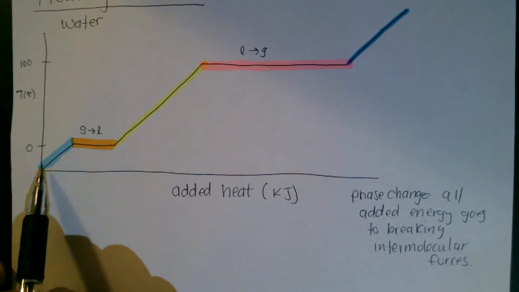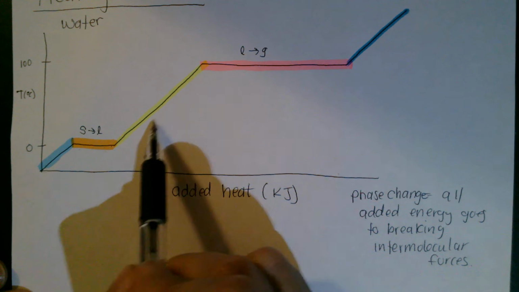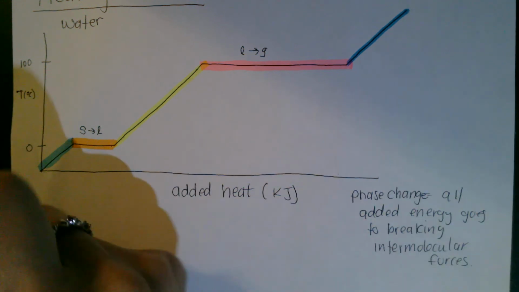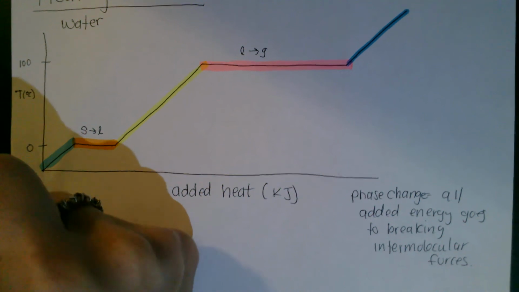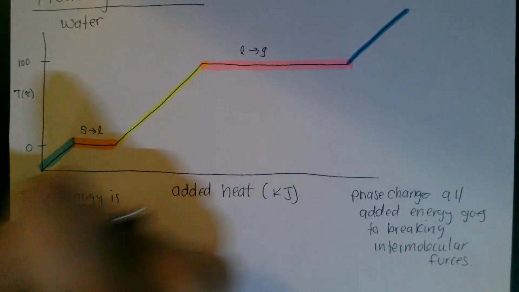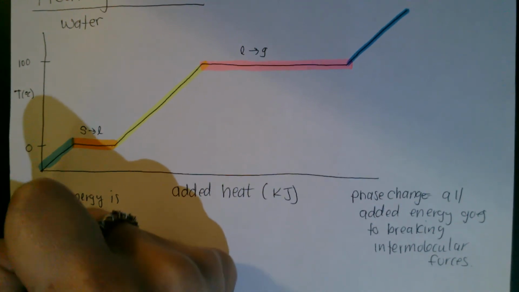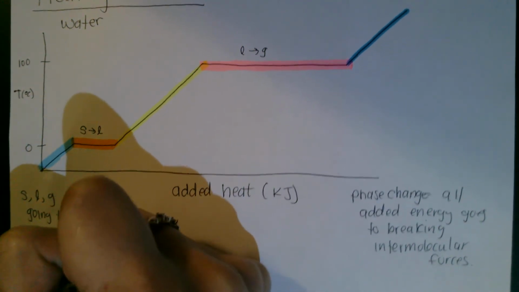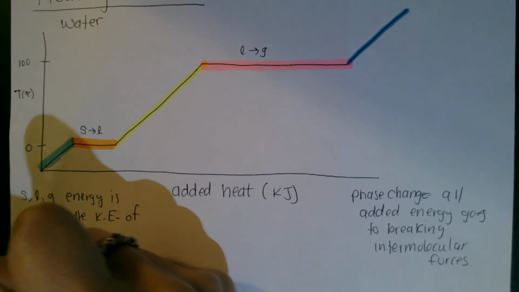Okay, so we see these ones here are in the solid phase, liquid, and gas. For those ones in solid, liquid, and gas, energy is going to the kinetic energy of the water.